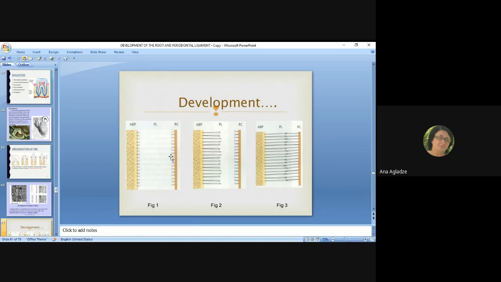On the bone side, only a few collagen fibers are initially embedded, which in places protrude out of the bone. Only a few collagen fibrils are seen here, and the periodontal ligament between the cementum and the bone surface is filled with the freely passing collagen fibers that run parallel to the tooth axis.